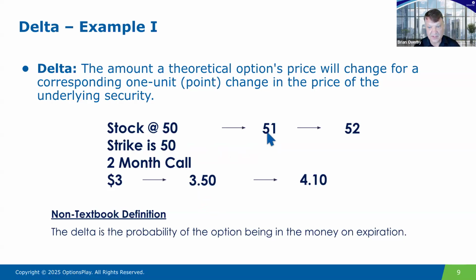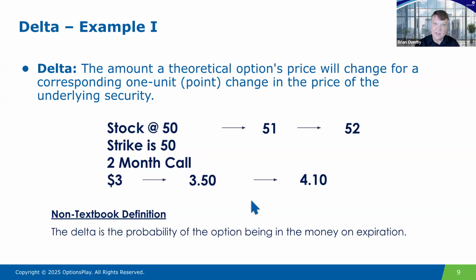Which means that if the stock goes from 51 to 52, your option contract should go from $3.50 to $4.10, up 60 cents, or for the one option contract, up $60.